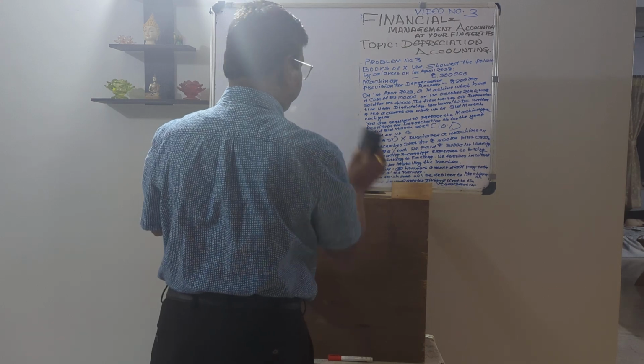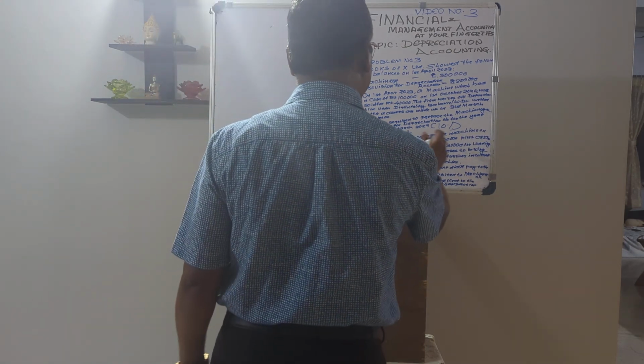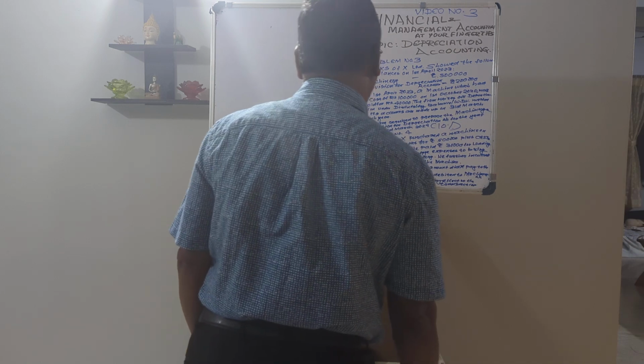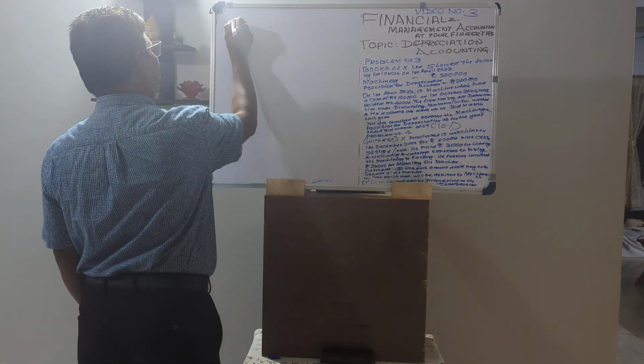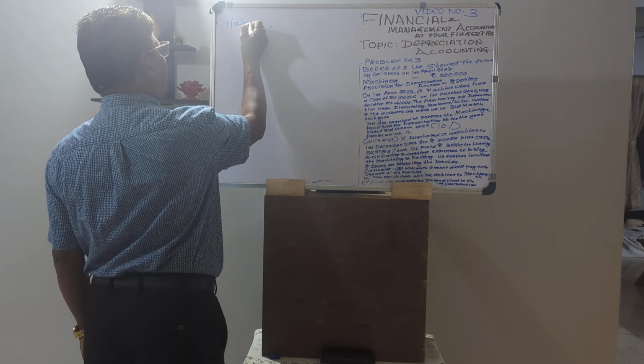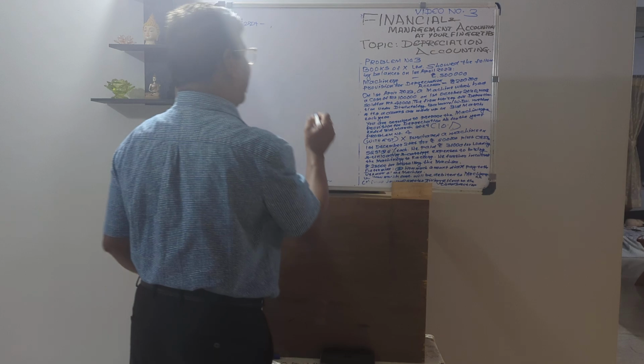Then here one problem is given with GST. X purchased a machine on 1st December 2024. X is purchasing machinery for 6 lakhs.